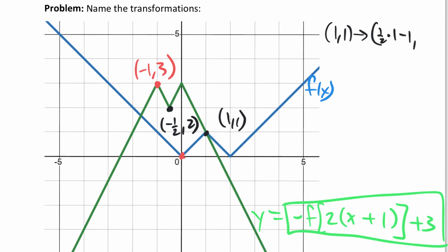For the y value, we have to multiply by -1, and then add 3. So that's going to give us 1/2 minus 1, which is -1/2, -1 plus 3, which is 2. So that checks out.